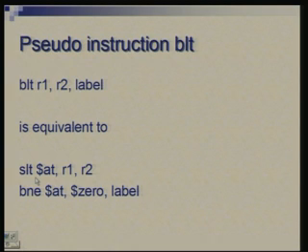One is SLT. SLT compares these two, but the result as a 0 or 1 value is stored in AT. Then you can compare AT with 0 and then make a branch. All right. So, what will happen is if R1 is less than R2, register AT will be set to 1 and it will not be equal to 0, and therefore, branch will occur.